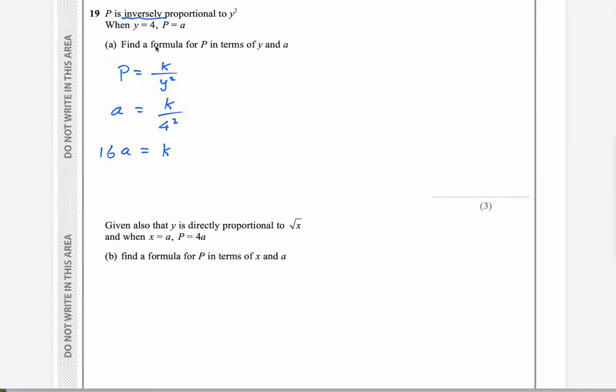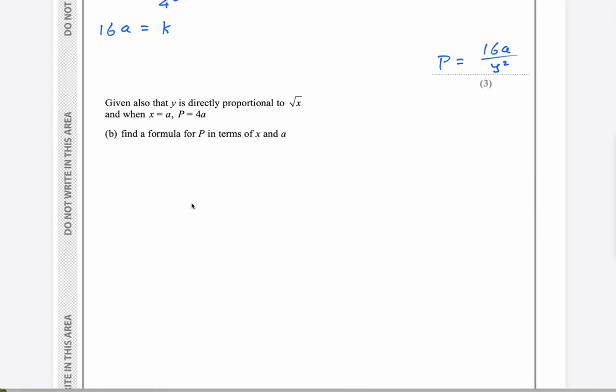So the formula for P in terms of y and A is P is equal to K over y squared, but I know K is 16A, so it is 16A over y squared. That's the formula for P in terms of y and A. Okay, sorry, let me get rid of that.